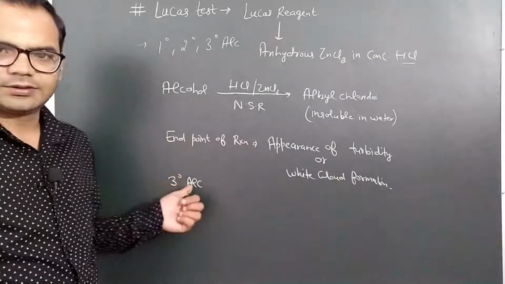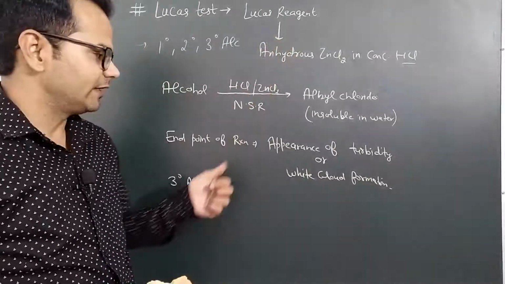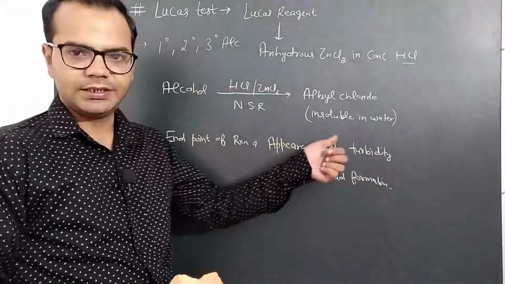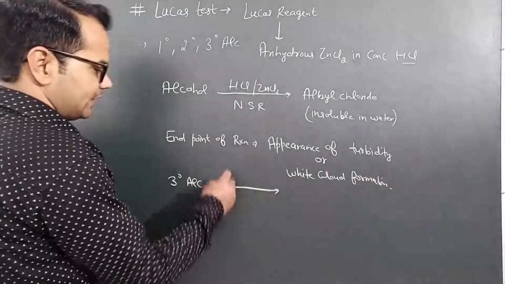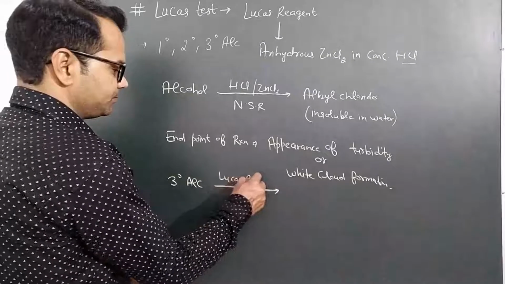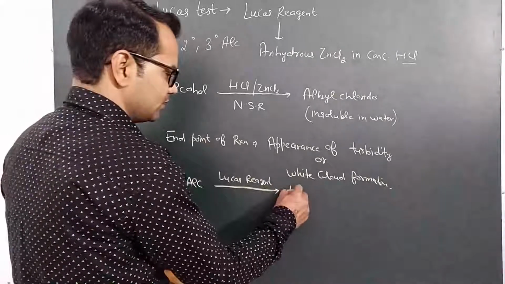Tertiary alcohol. Tertiary alcohol reacts with the Lucas reagent very quickly, very easily, and forms turbidity immediately.